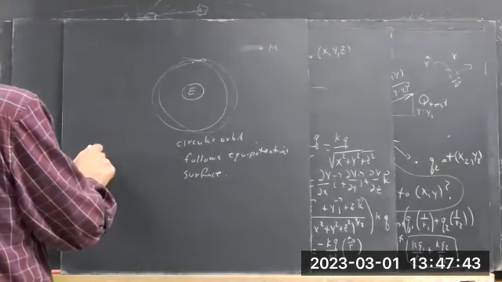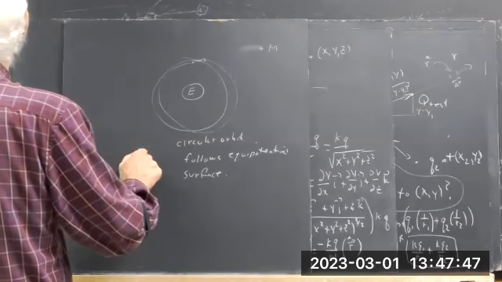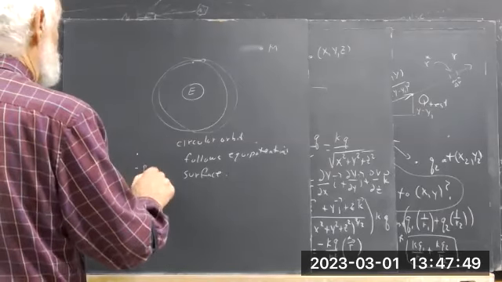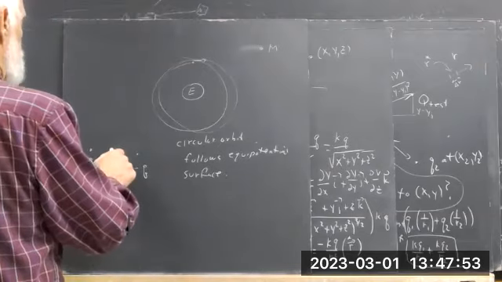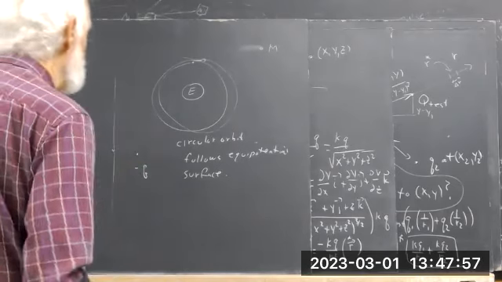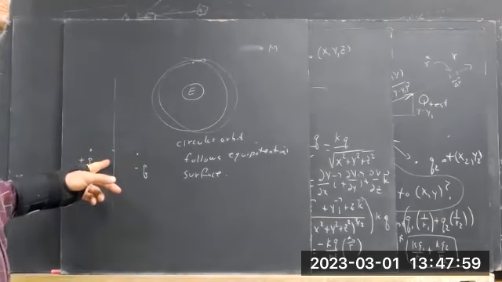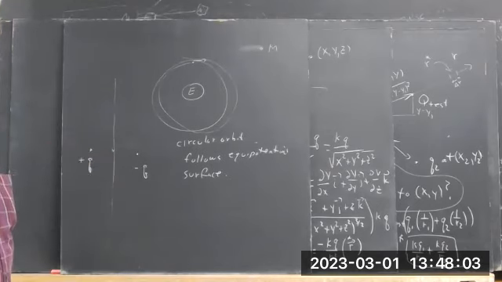But now if I have a plus Q and a negative Q, well, we saw this potential surface. Here it would be on the perpendicular bisector.